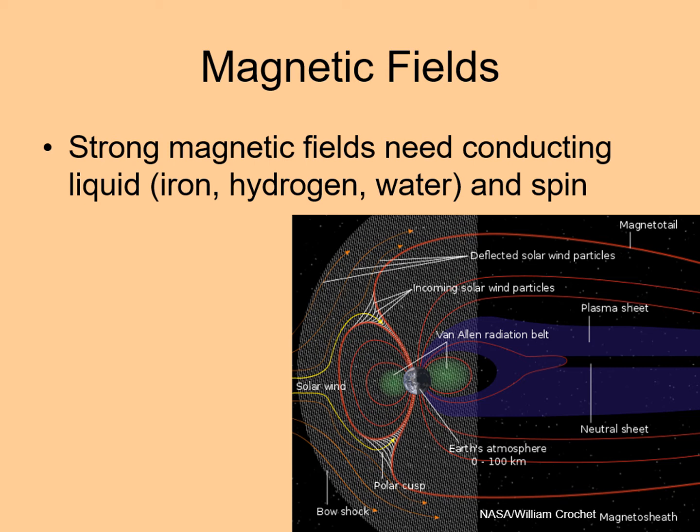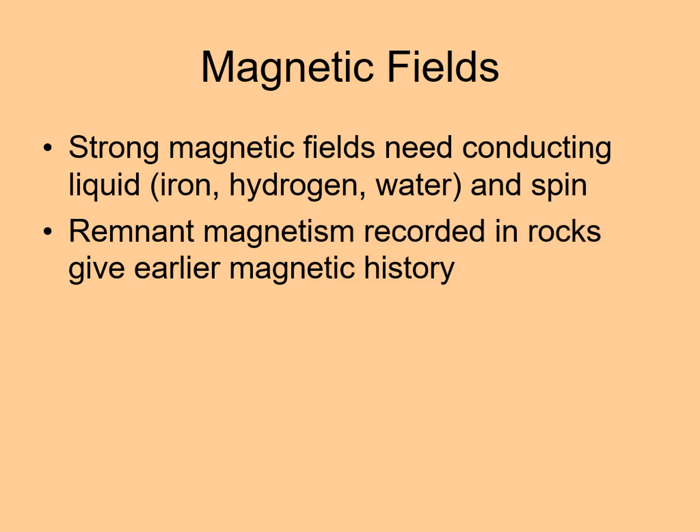In the Earth, that liquid is liquid iron, but in other worlds it can be water or even liquid metallic hydrogen. So when a planet or moon has a strong magnetic field, this gives us clues about the temperature and composition of the interior. Magnetic fields can also give us information about a planet's past history.